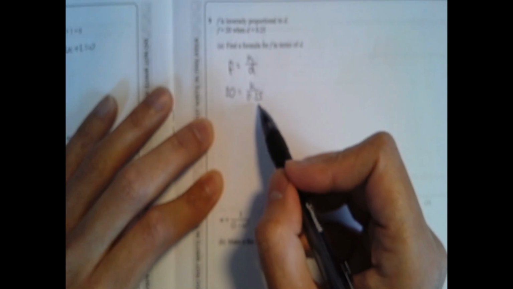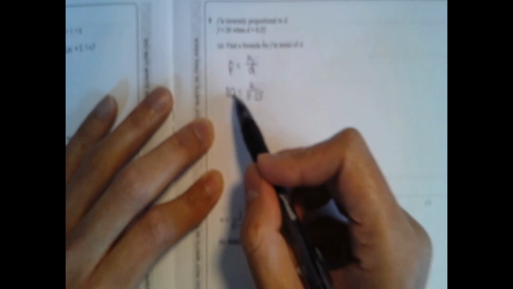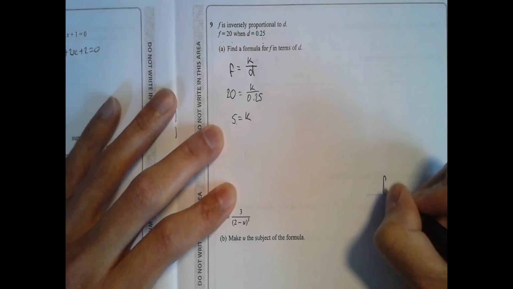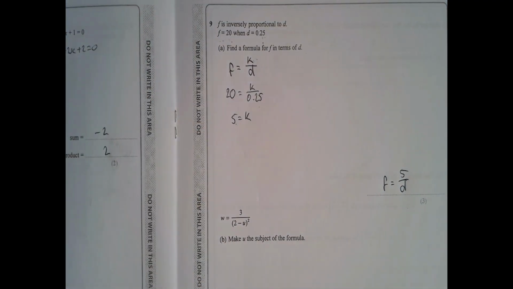So 20 times 0.25, or remember 0.25 is just a quarter, so essentially we're doing a quarter of 20, which is 5. So that tells me that k is equal to 5, and then I can write this formula replacing the k with the 5, and that tells me that f is equal to 5 divided by d.